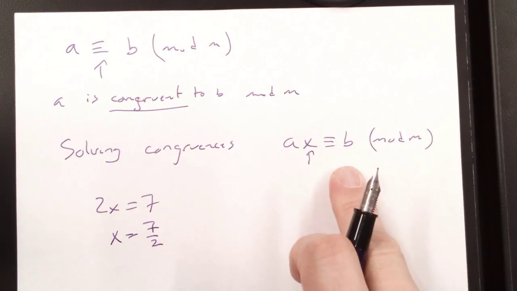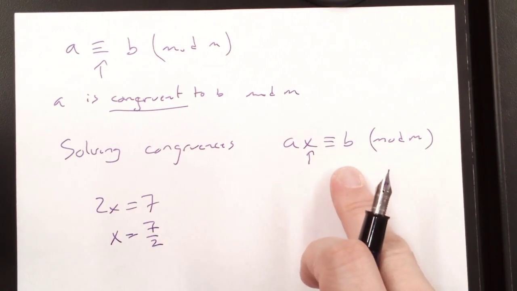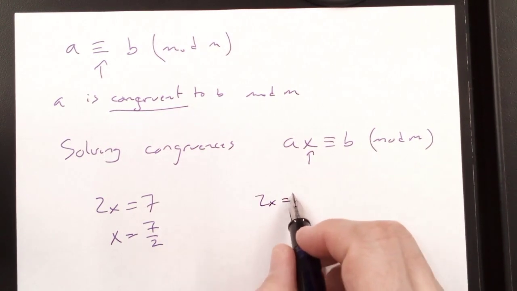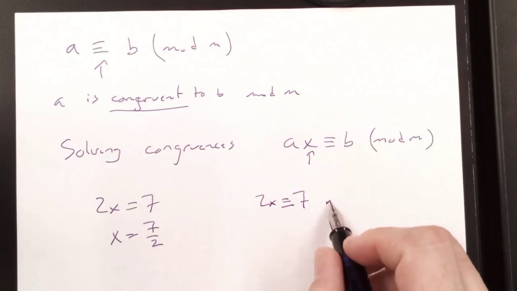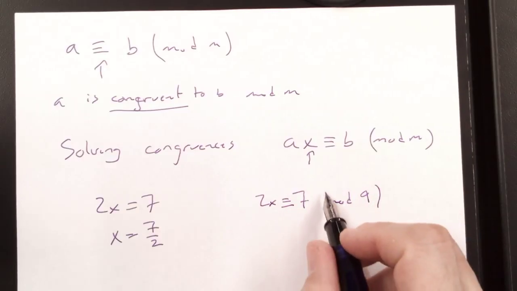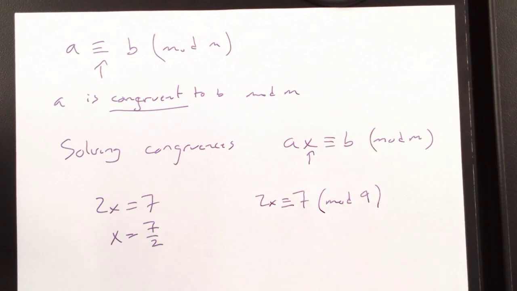But when I'm working in this universe, the number 3.5 doesn't work because I want to solve this in the integers, mod m.